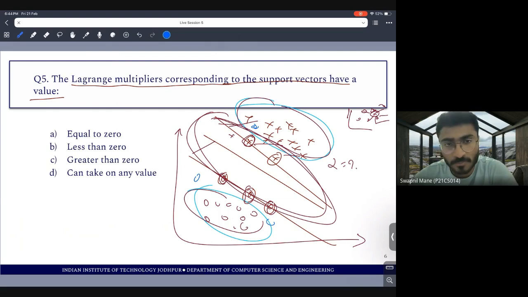So for the non-support vectors, which are outside of the margin, outside of this marginal plane, their Lagrange's multipliers are zero. And for support vectors, which lie on the margin, their multipliers are strictly greater than zero.